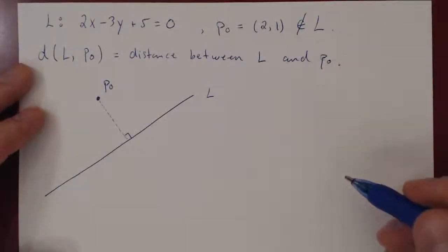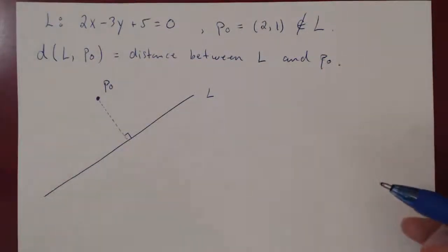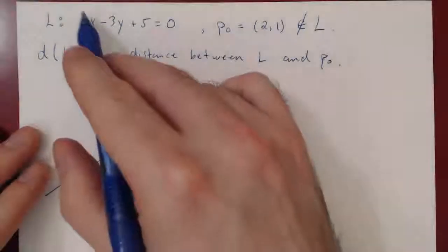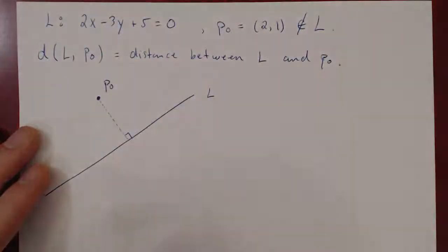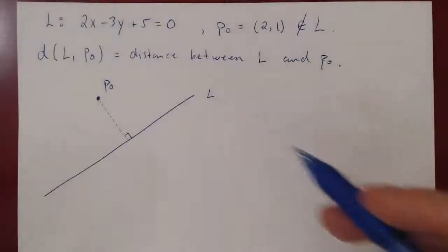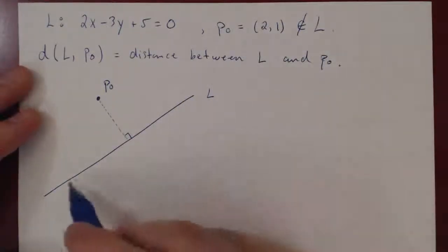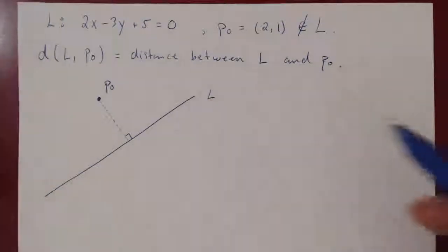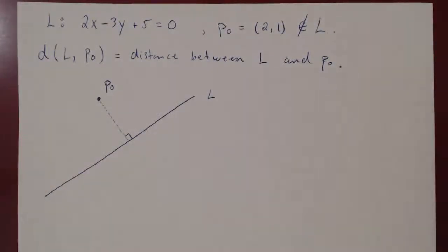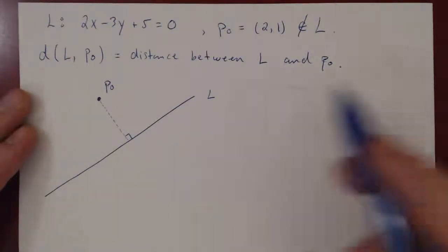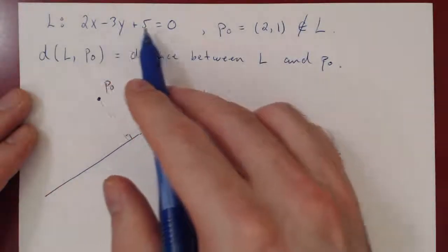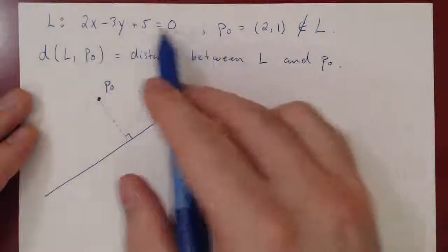The idea now is, how can we use our previous result, the fact that the vector (2, negative 3) is normal to the line, and our idea of orthogonal projections. All we need is one point on the line. And what's neat is you can take any point on the line and it won't matter. You'll still get the exact same answer in the end for the distance. So let's try to find a solution to this equation.